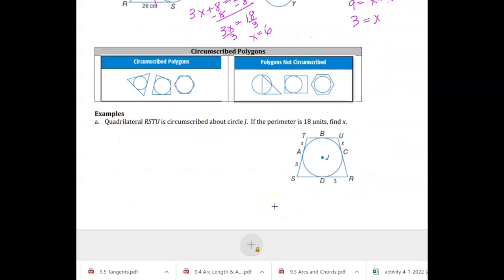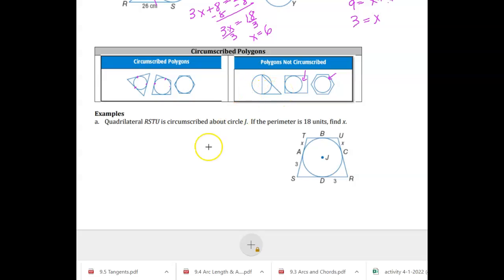All right, the last thing we're going to talk about is circumscribed polygons. Inscribed means inside, but if it's circumscribed, it means that the polygon is outside the circle, but it's touching it. Okay, does that make sense? So a few different shapes. Polygons that are not circumscribed: see this gap here, see how this doesn't touch it, and see how this is kind of inside it too.